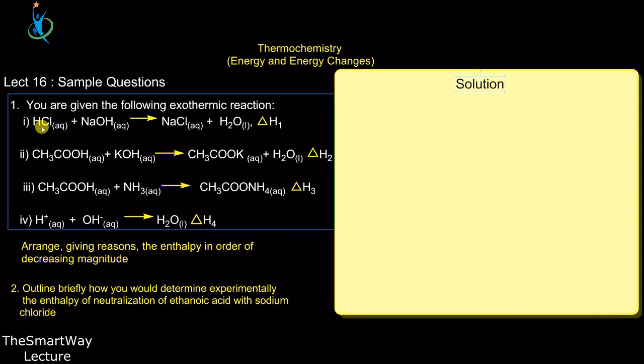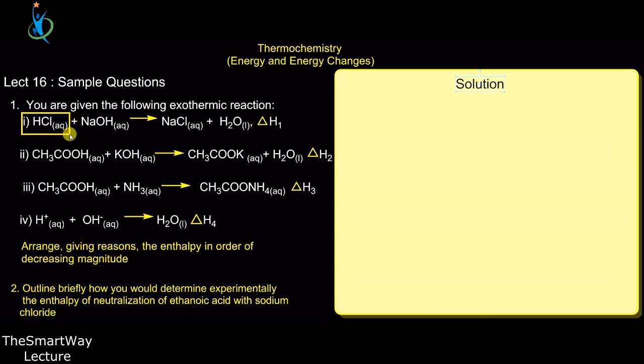Now we have HCl plus sodium hydroxide, and we know that HCl is a strong acid, and sodium hydroxide is a strong base. So what happens during the interaction?